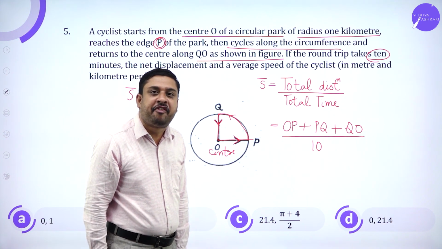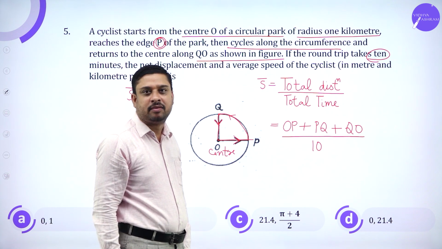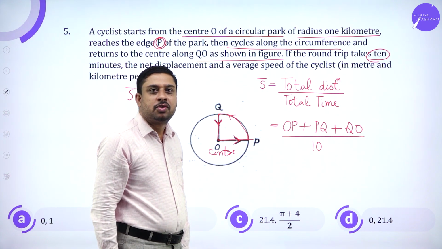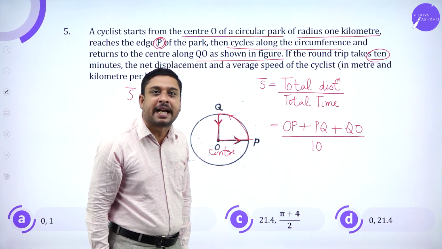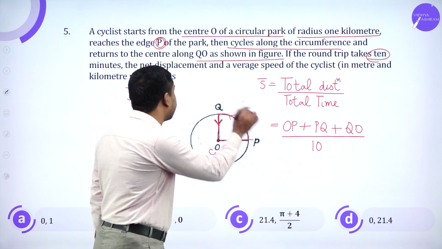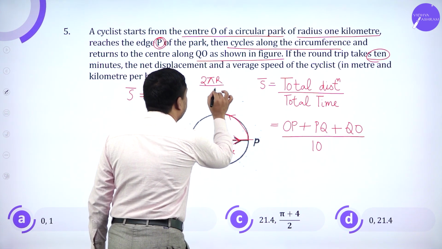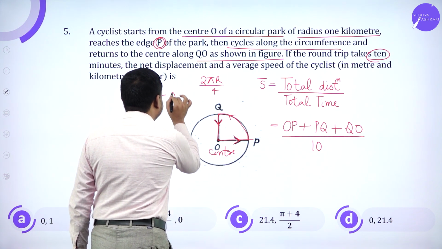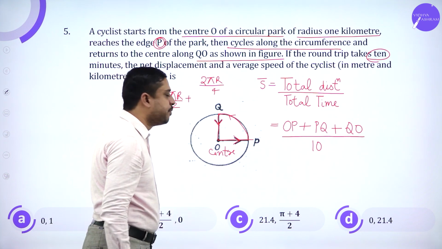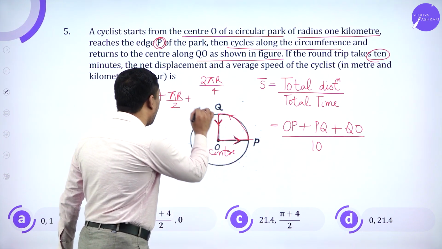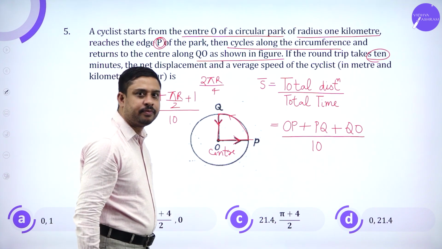It is 1/4 the circumference of the circle. So P to Q, quarter of the circumference, so circumference is 2 pi r by 4. So this is pi r by 2. Again plus QO, the radius, divided by 10.